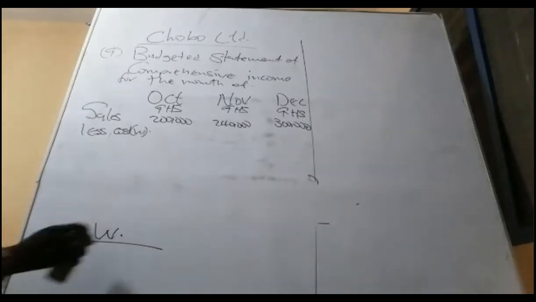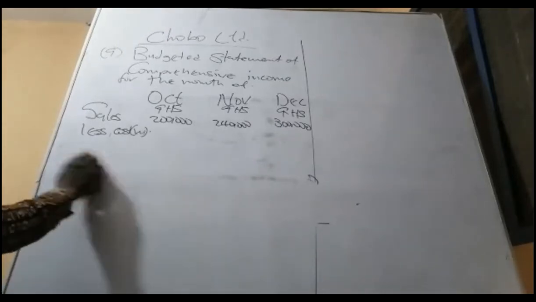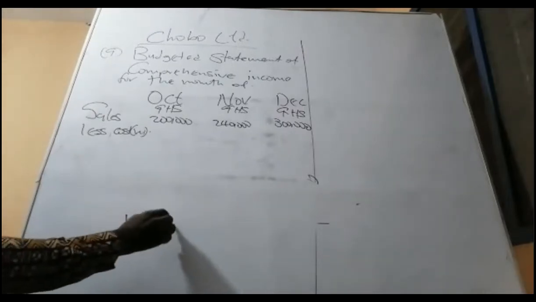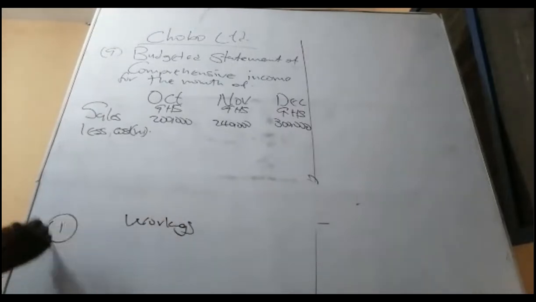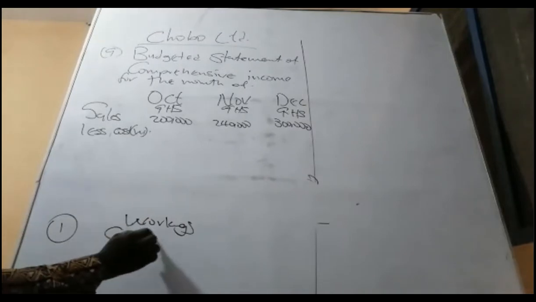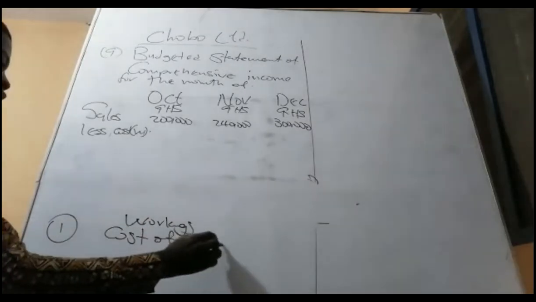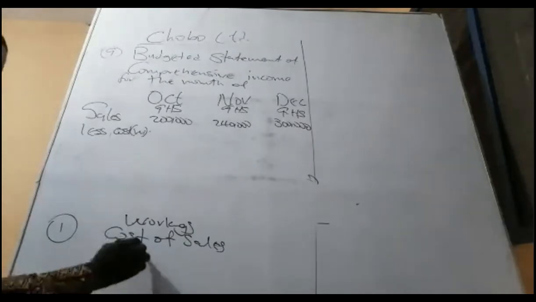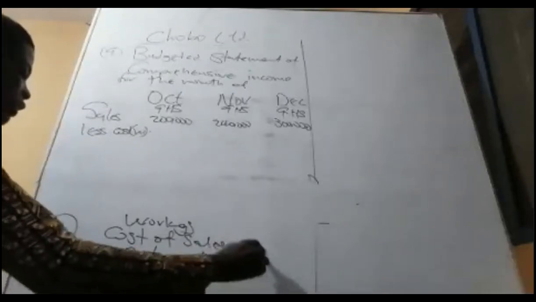Let me bring it up small, because I'll clean it again. So workings 1. We are calculating cost of sales. October, November, and December.